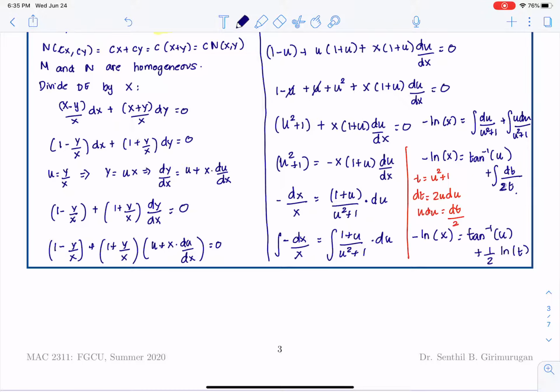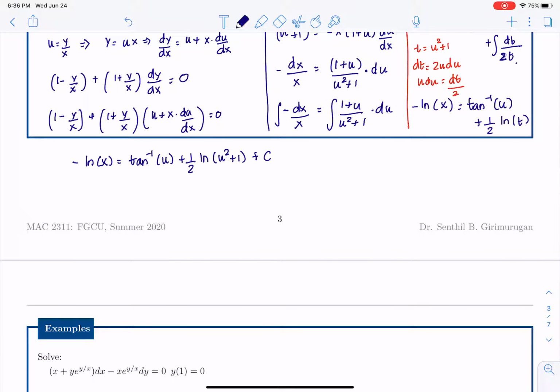But t is simply u squared plus 1, so we have minus ln of x equals tangent inverse of u plus 1 over 2 ln of (u squared plus 1). I'll put the constant in there. So minus ln of x, replace the u, which is y over x, equals tangent inverse of y over x plus 1/2 ln of (y squared over x squared plus 1) plus c.